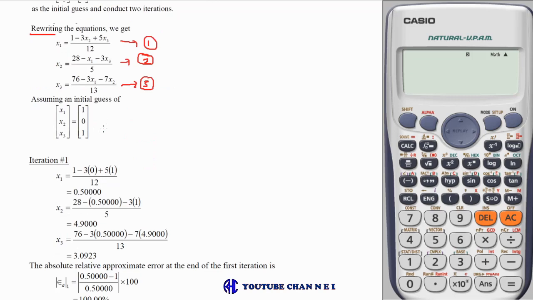Then, of course, initial assume natin. Pero hindi na tayo mahirapan once na may ibigay sa problem na initial condition. So, una yung iteration natin, simply, substitute lang ninyo yung initial value ng x sub 1, x sub 2, and x sub 3.